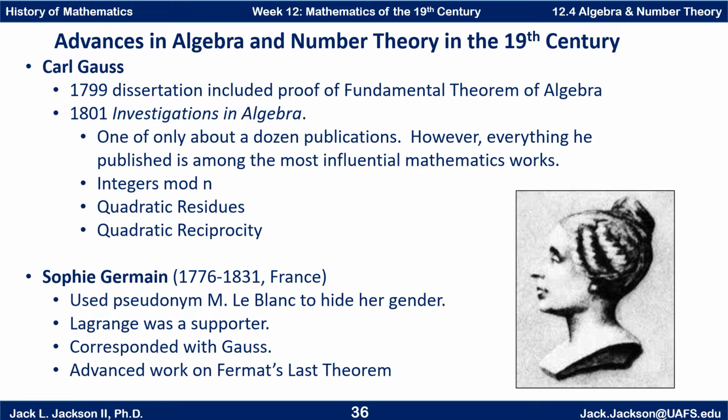One of the people that Gauss worked with, interestingly enough, was a woman by the name of Sophie Germain. She was born in 1776 and died in 1831 in France. Women were not generally encouraged to do mathematics, in fact, even actively discouraged.